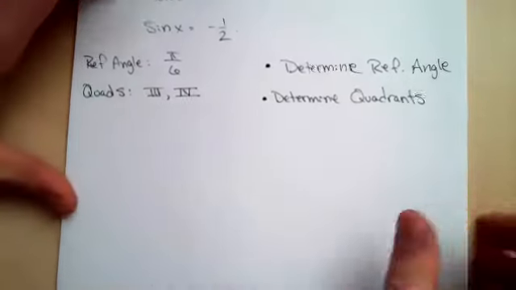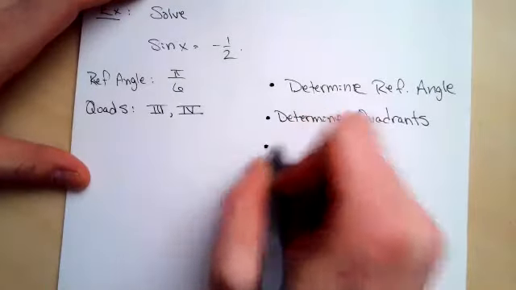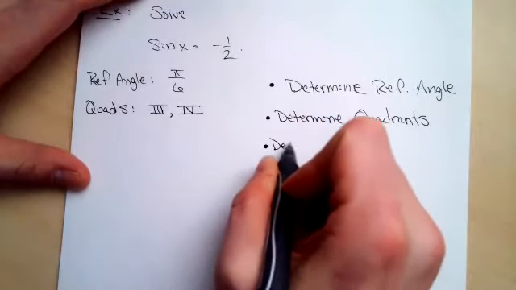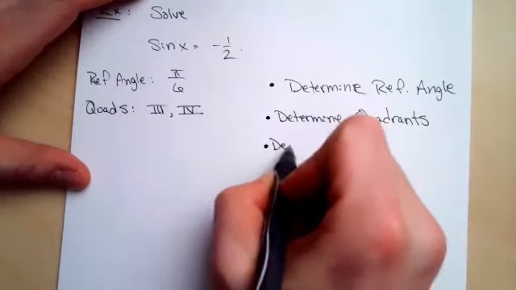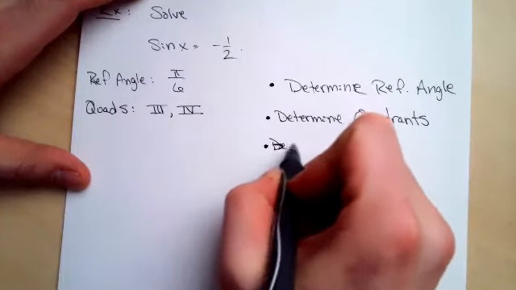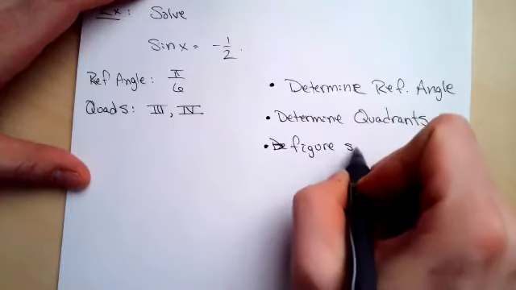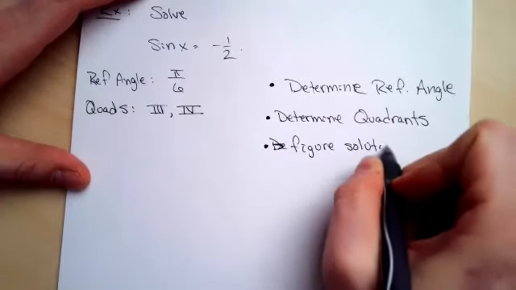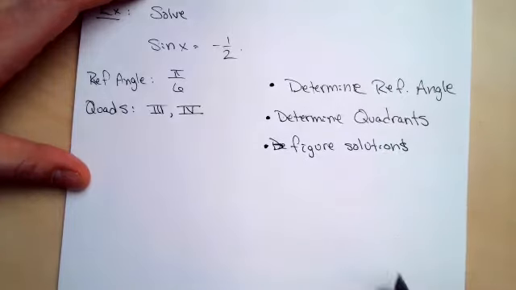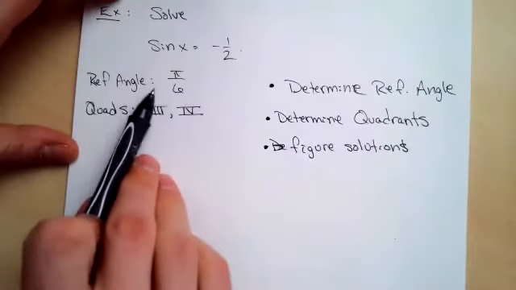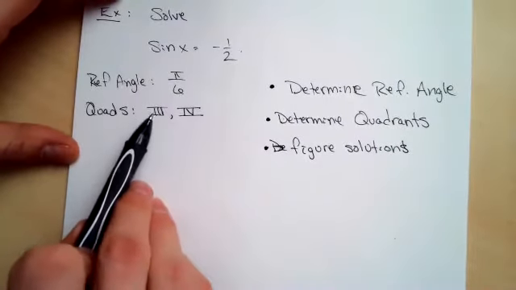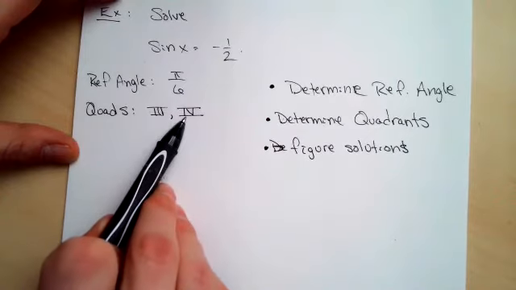And so now what we have to do is determine the solutions. Let's say, figure solution. So what do we need? We need a reference angle of pi/6 in quadrants 3 and 4.